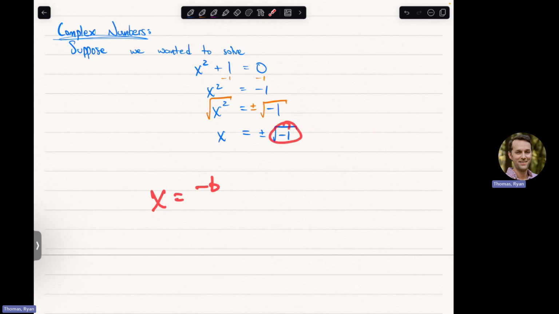Think about the quadratic formula. That solves any quadratic equation you want. Well, if b squared minus 4ac, if this part is negative, then we'd be in the same kind of situation, right? So this can come up a lot. This turns out to matter for some applications.